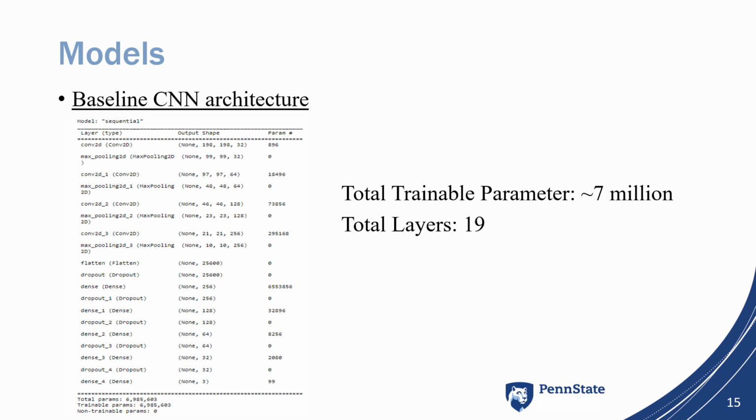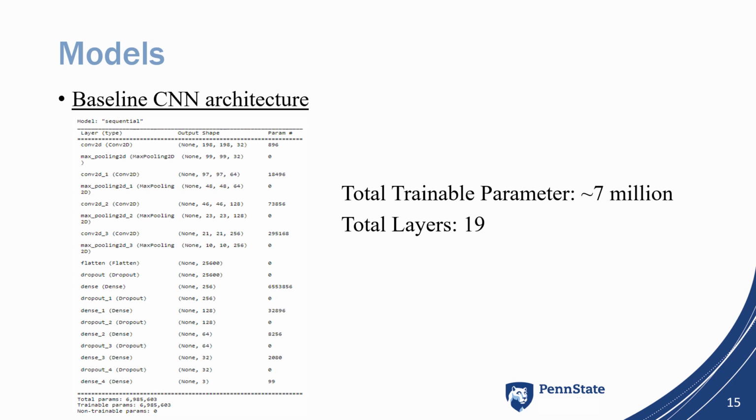This layer is kind of like the regularizer for the network. And the last layer that we use is the dense layer, which is just a regular hidden densely connected layer.